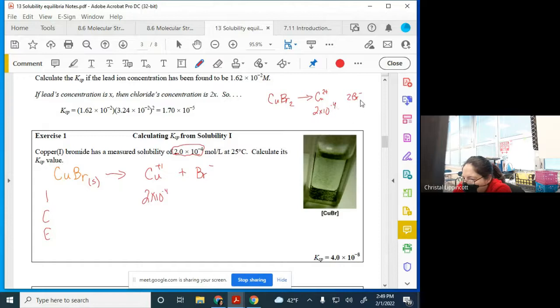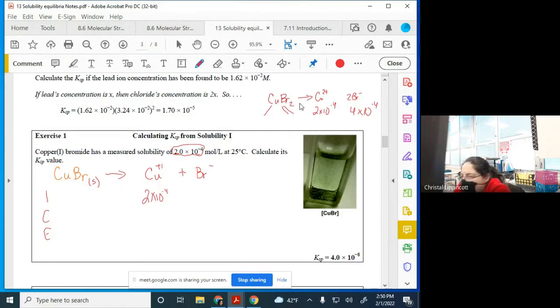But this one you would have to multiply. So this would be 4 times 10 to the minus 4. That makes sense? Yeah, in a way. They're talking about like the whole unit, you know? And so when you break it out, you've got one of these and you've got 2 of these for every molecule. So that's why you would have to double it, because there's going to be twice as many of these coming out as there will be this.